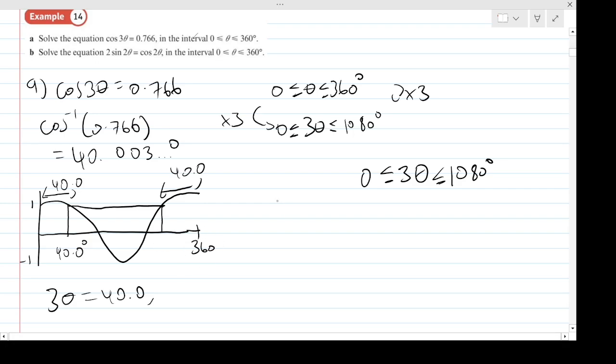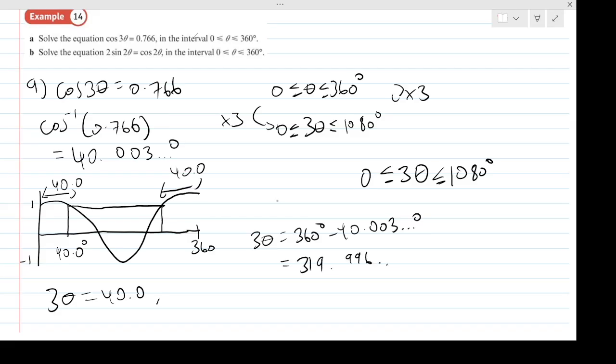So then if we work that out, it's going to be 360. So 3 theta would be, I'll write it here, 360 take away this 40.003. If we do that on a calculator, we get 319.996 blah blah blah degrees.